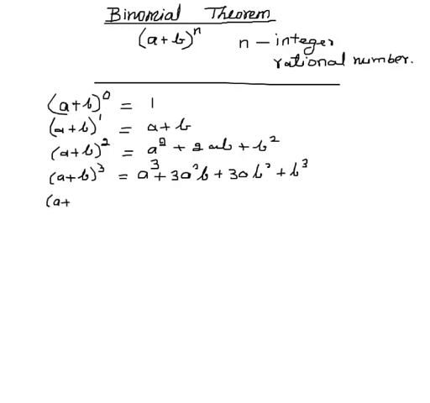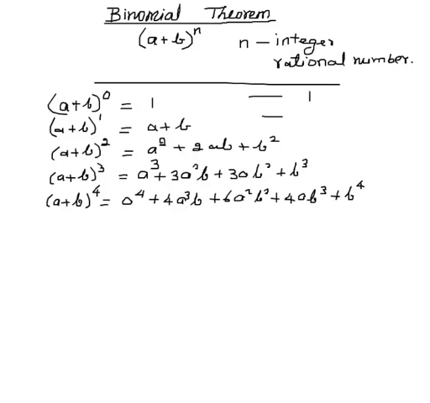Similarly, we can write the expansion for (a + b) to the power 4, which is a⁴ + 4a³b + 6a²b² + 4ab³ + b⁴. If you see, for index 0, that is for power 0, the expansion has only one term.